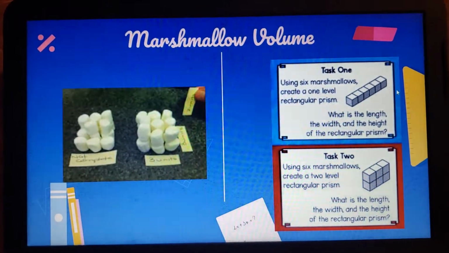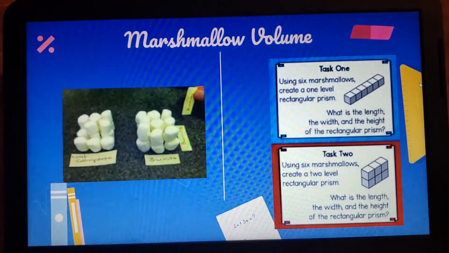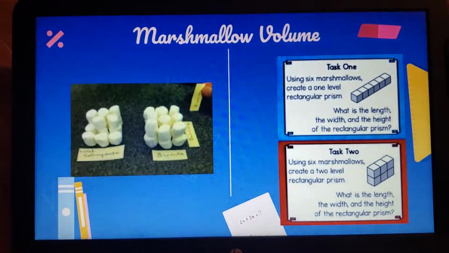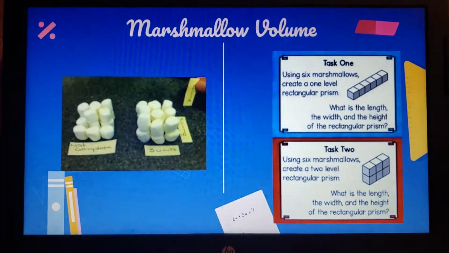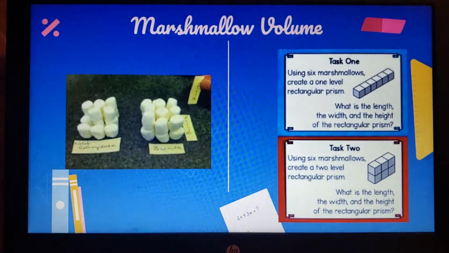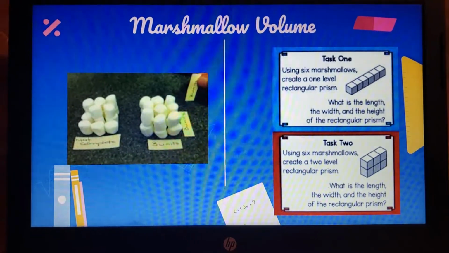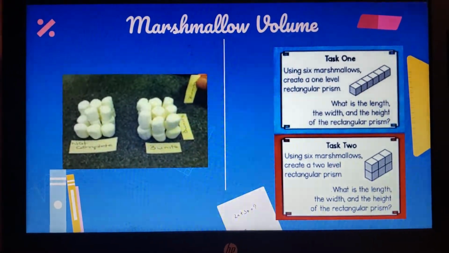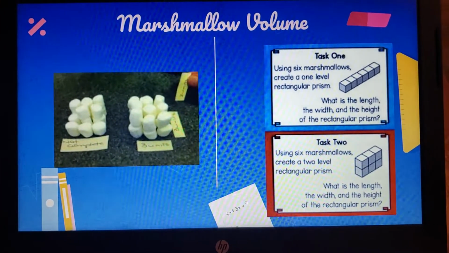These task cards can say, using 6 marshmallows, create a 1-level rectangular prism. So students will be creating a rectangular prism of just 1 level with their marshmallows. Or it can be a little bit more, like another one, a 2-level rectangular prism. It all depends on the task card they'll be getting. There, they will start seeing an idea of how exactly they're getting it.